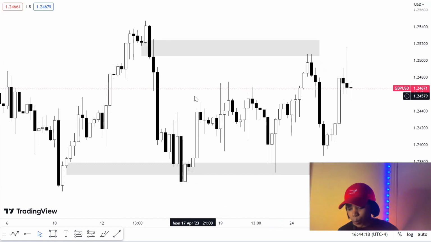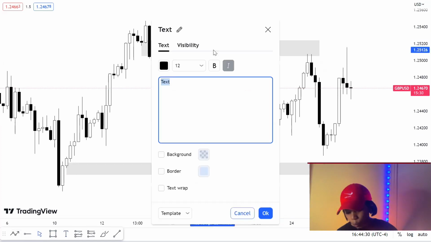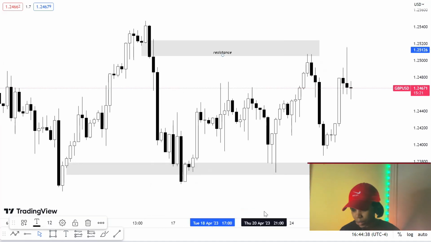No problem. That is perfectly fine. Not a worry. Now, what we're looking at is a resistance right here. So the price has resisted here. It came there and it pushed down. Okay, that's fine.